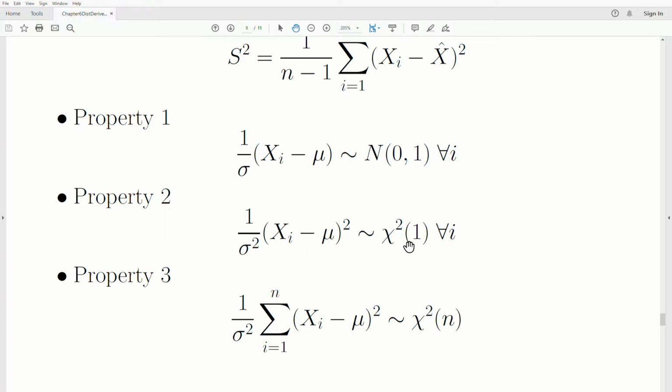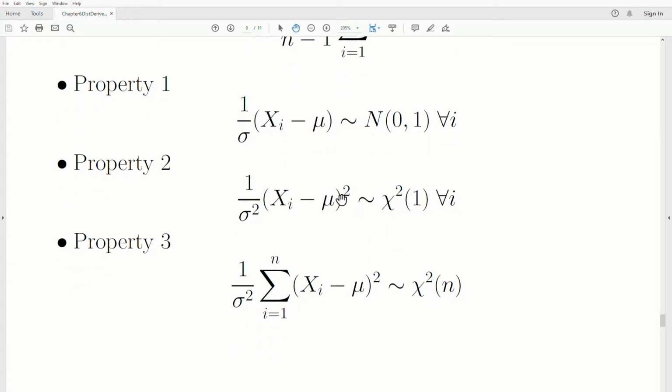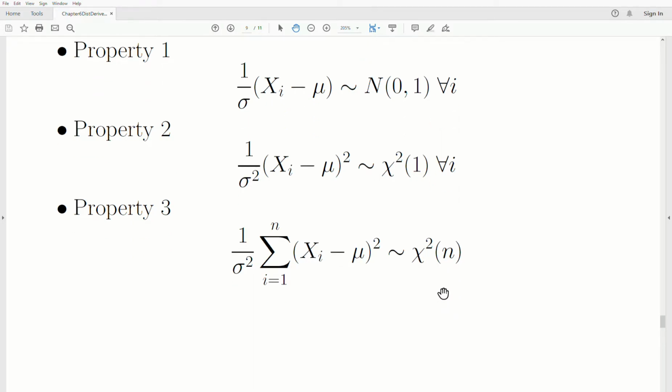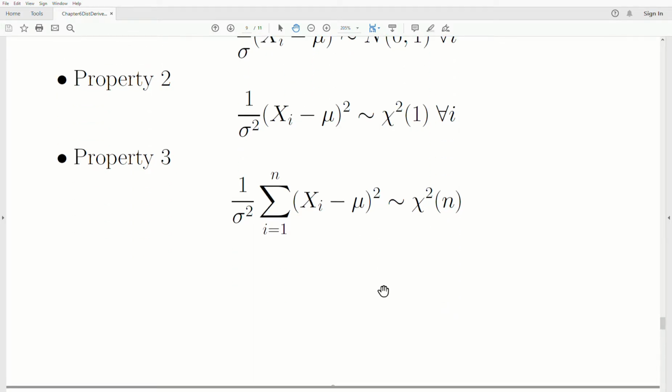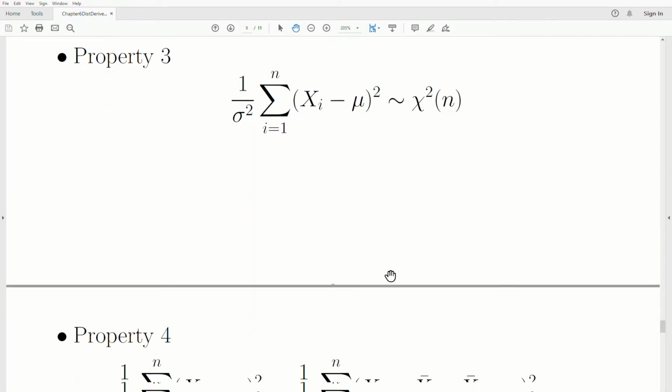These are all properties that you should know, and we've derived every one of these in a previous video in this playlist. If you sum independent chi-square random variables, then you add the degrees of freedom. We're adding independent chi-square random variables because it's a random sample, so we get a chi-squared with n degrees of freedom. We're going to use each of these properties in what follows.